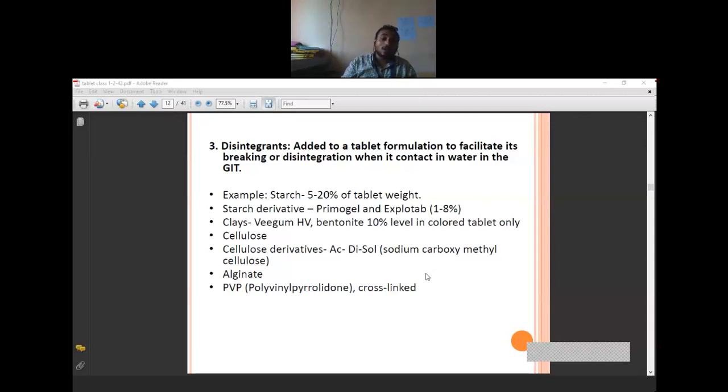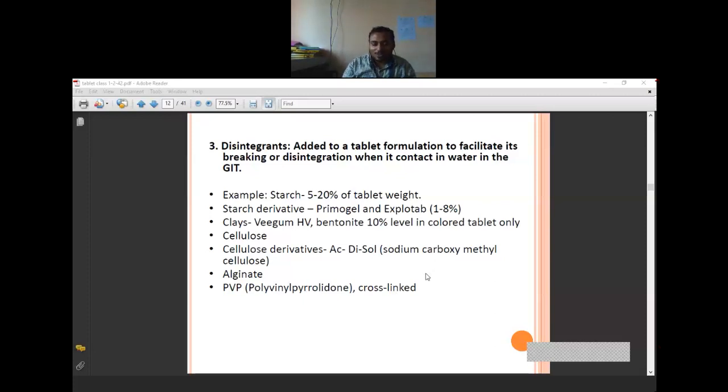Okay. So what are the disintegrants? An example is starch. You can see starch in binders also, and in disintegrants also. So the starch has both effects. It acts as a binder and it also acts as a disintegrant. It depends upon the quantity of water we are using.